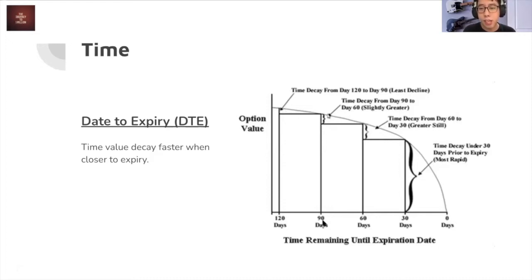But as the days get nearer to the date of expiry, the time decay drops much faster. So that is why if you are buying an options contract, we do recommend buying a long term one so that time decay doesn't eat up your contract value. But if you're buying a short term one, time eats up the value of the contract very fast.